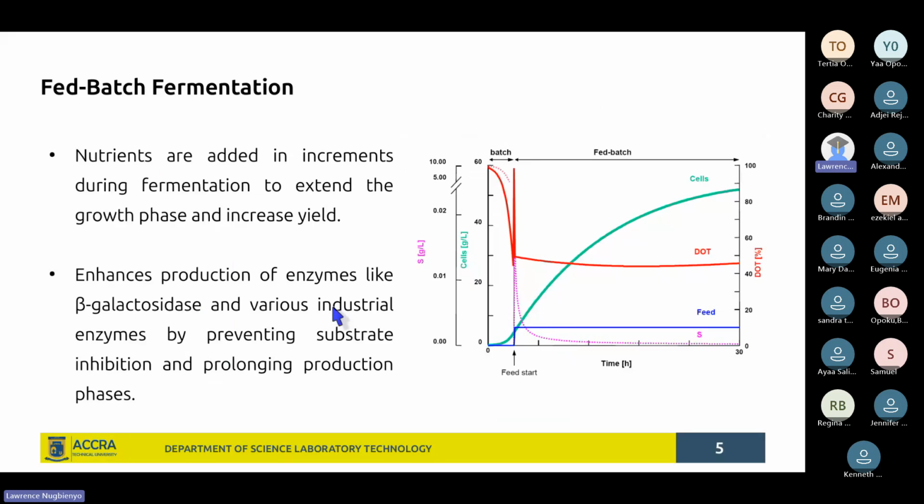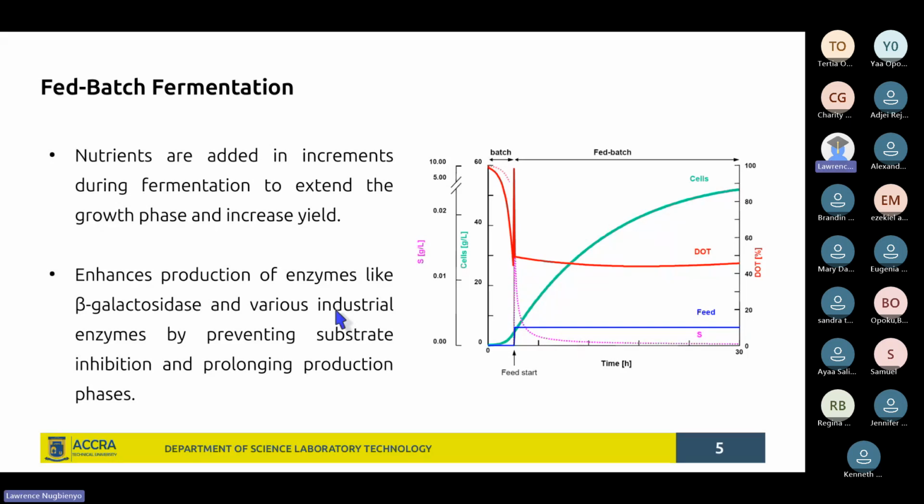Then you have what you call fed batch fermentation. This is an improvement of the batch system, because it is going to produce more than the batch system. Why is it going to produce more? Because, as you see from the term, it says fed batch.